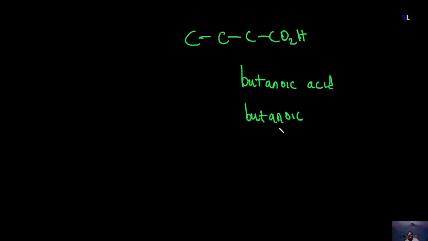Remember, the reason it is butan is because everything is single bond. If I had a double bond somewhere here, it would be butene. If I had a triple bond, it would be butyne. So basically the principle is, once you are able to identify the infix, that is but. If it is only single bonds, you continue with ane, but then remove the E and replace it with the corresponding suffix for that functional group. In this case, it's alkanoic, and the suffix for alkanoic is oic. So this is but and oic.